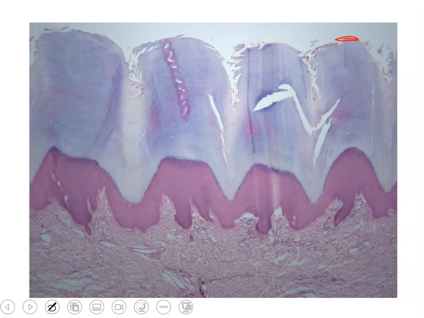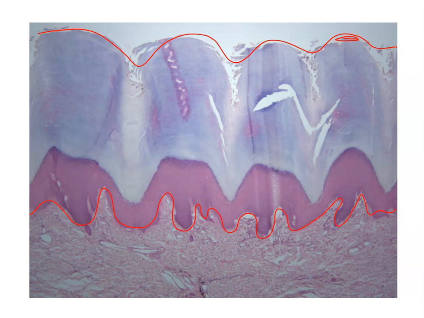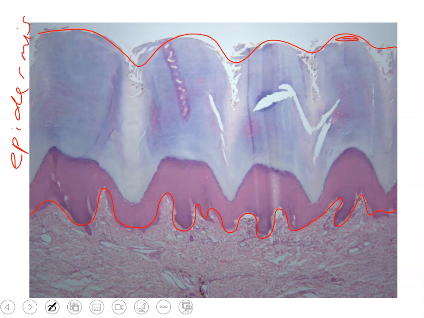I know this is keratinized because I can see my distinct layers. We find keratinized stratified squamous epithelium, of course, in the epidermis of the skin, which is the most superficial layer of the skin. So this whole layer is the epidermis, which we talked about, or we will talk about in the slides covering the skin.